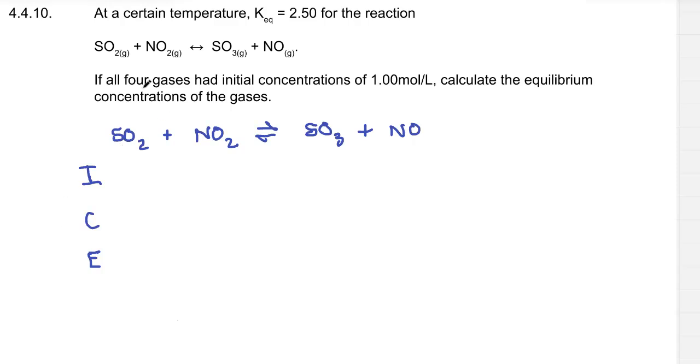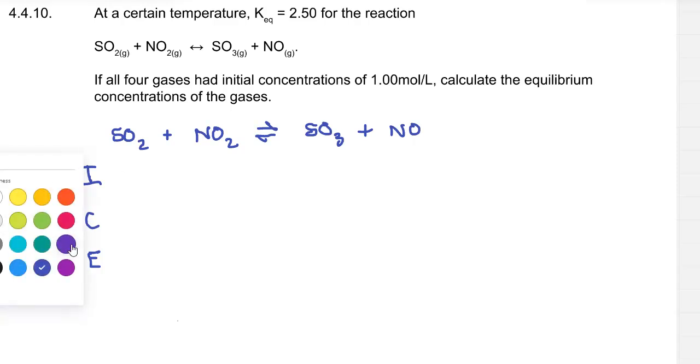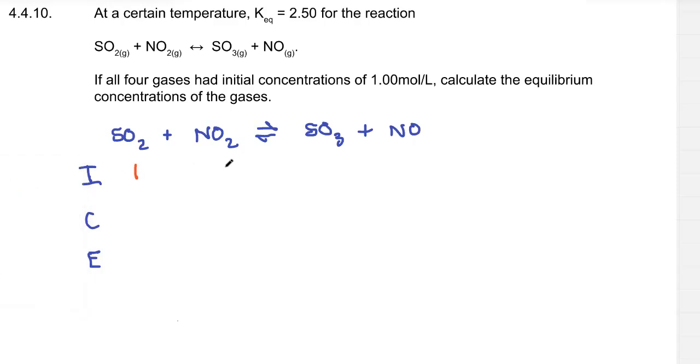All four gases had initial concentrations of 1. That's simple enough: 1, 1, 1, and 1. And they tell us the equilibrium constant is 2.5, and what happens?